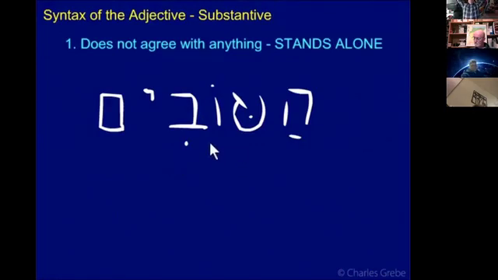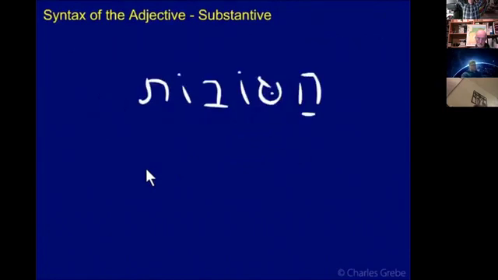Good because that's our lexeme here, that's our base word, good. Men because it's masculine plural. Hatovim, and it's the good men. So that's an example of an adjective functioning as a noun, hatovim. What about hatovot?